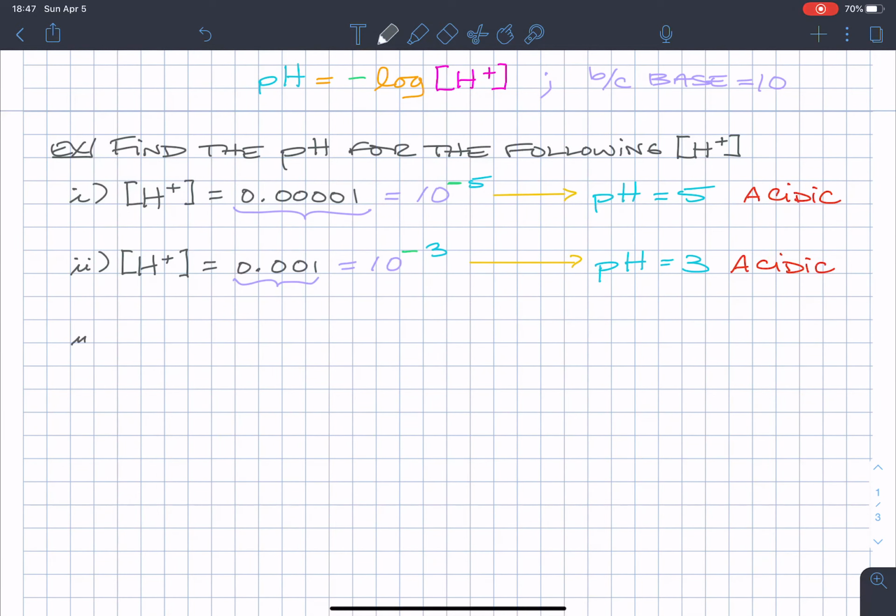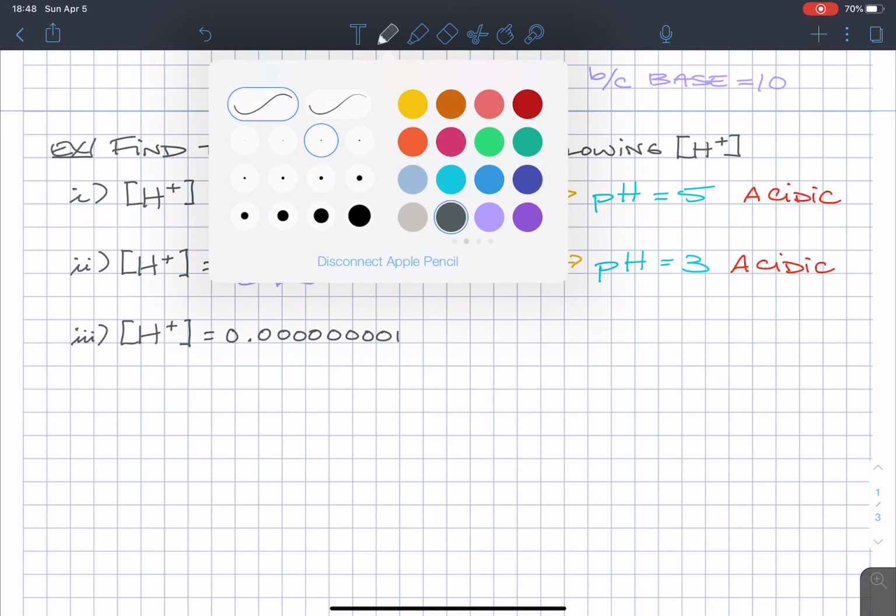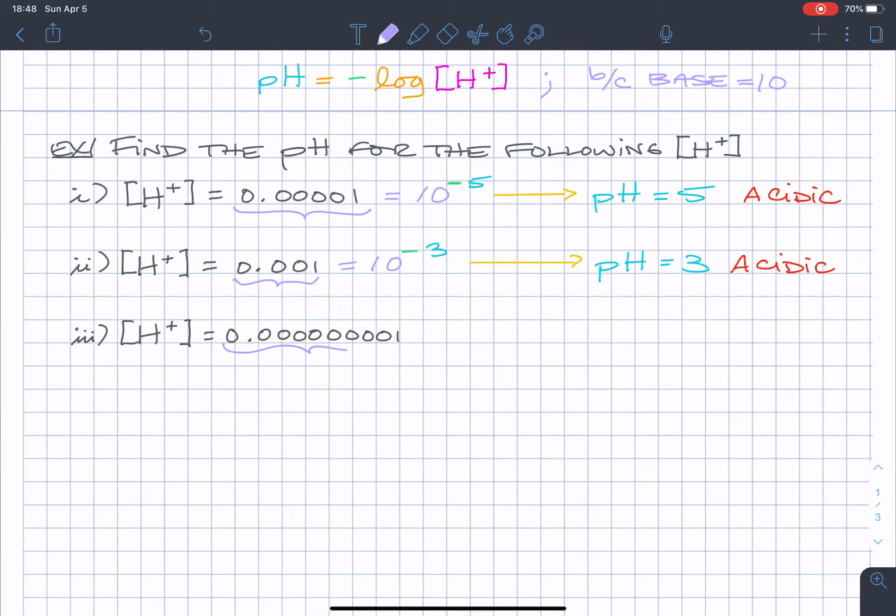So number 3, let's say I have a hydrogen concentration of 0.000000000001. Okay, so this should be 10 to the negative.